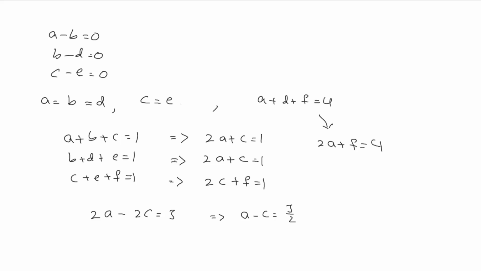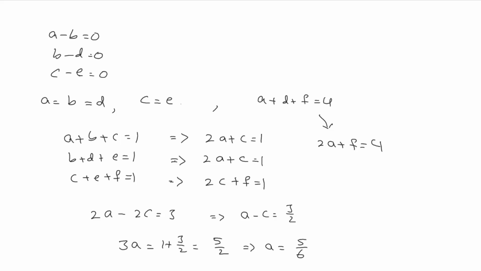And we have another equation involving A and C. By adding these two equations, we have 2A plus A, 3A equal to 1 plus 3 over 2, that is 5 over 2. That implies the value of A is 5 over 6.